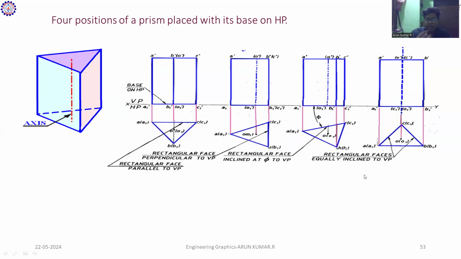The triangle has three sides, so you take any one side parallel to VP. Once you construct that line with the value mentioned, 25, you take the compass, measure 25 and cut the arc. Then you join the points and get the triangular shape.